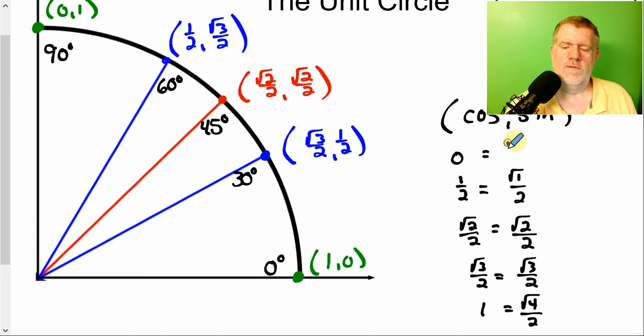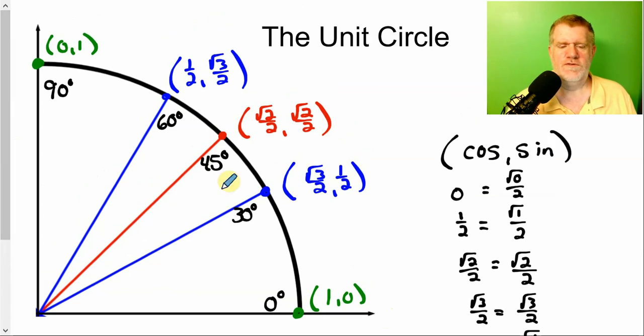If I go up, square root of 0 over 2, it's 0. So it does have a pattern. That's how the pattern works. But if you just kind of look, 0, 1, square root of 2, square root of 3, and technically the square root of 4, all over 2.